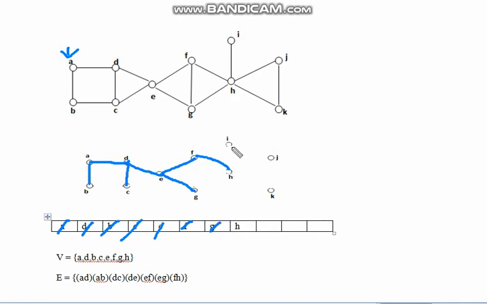Then from H, H to I, H to J, H to K are there, so H to I, H to J, H to K. That means I visited I, J, K vertices, that's why I am inserting them into the queue. Then I, J, K, and the edges are H to I, H to J, H to K. Then from H, all possible ways I connected, so H's task is over.